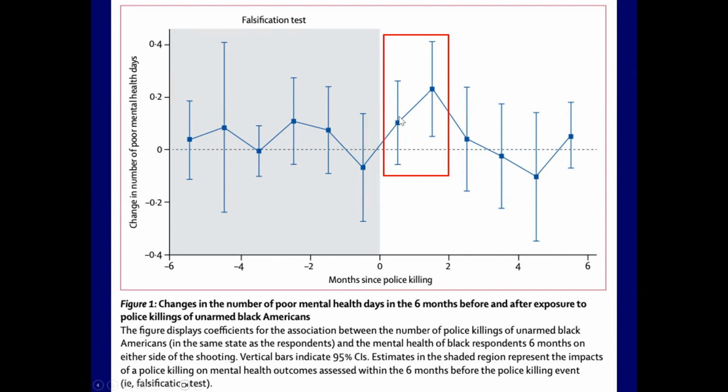And the next significant data is the 1 month after the killing. That is, only half of the 30 days record period occurred after exposure. So the respondents reported 0.1 additional days of poor mental health per each additional killing.